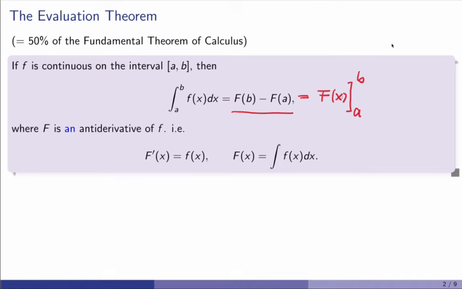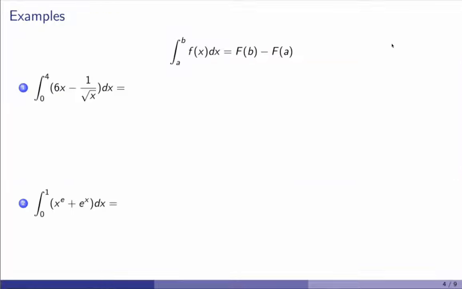So this expression means capital F evaluated at b minus capital F evaluated at a. Another notation which you also find often is F of x just using a line between a and b without the hooks on the line. Okay, so both notations will show up, and they mean this is the difference of the function capital F between b and a.